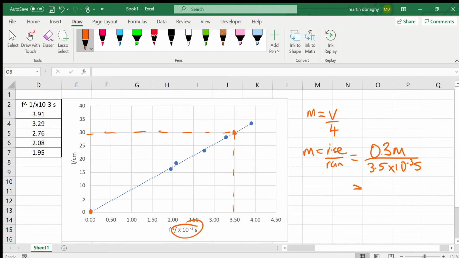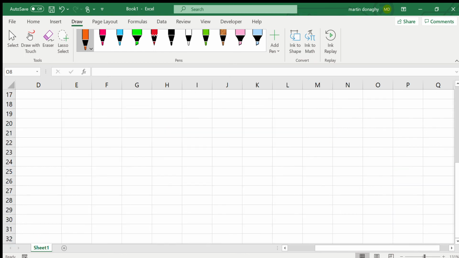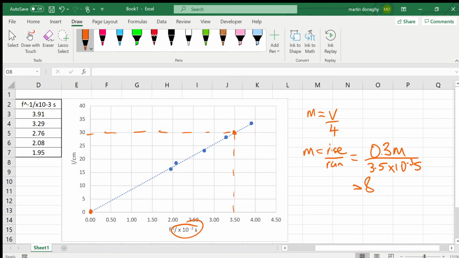So if we type that into our calculator, so we do 0.3 divided by 3.5 by 10 to the minus 3, it gives us 85.7. 85.7 meters divided by seconds, so meters per second. Now, if we then rearrange this equation, it gives us v equals 4 times the gradient.